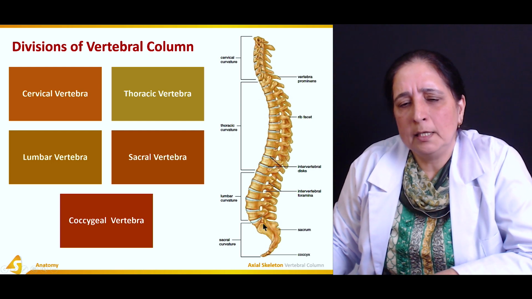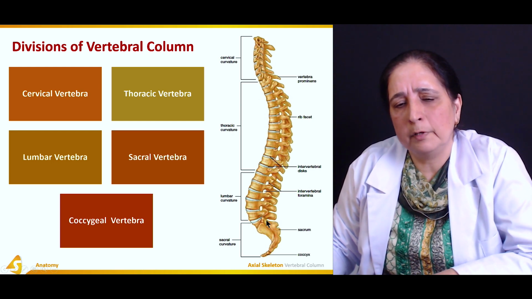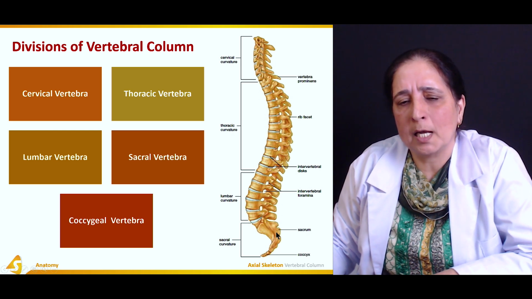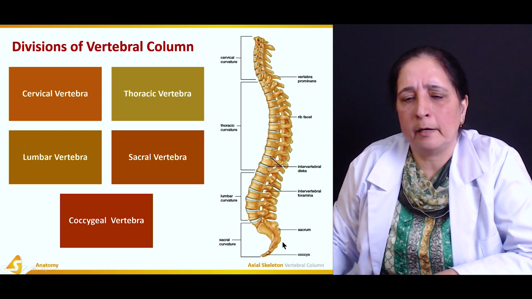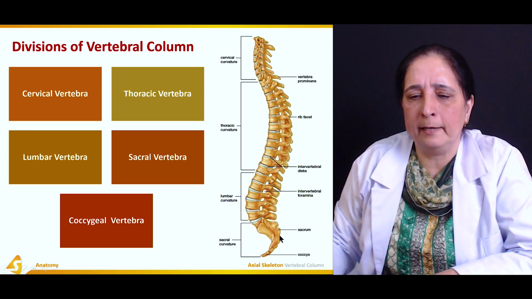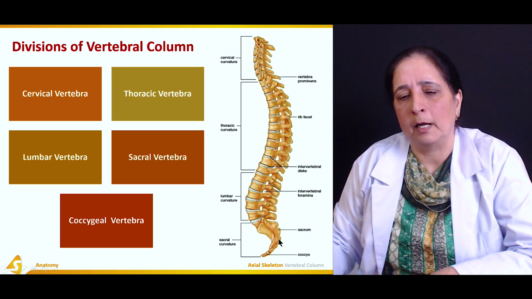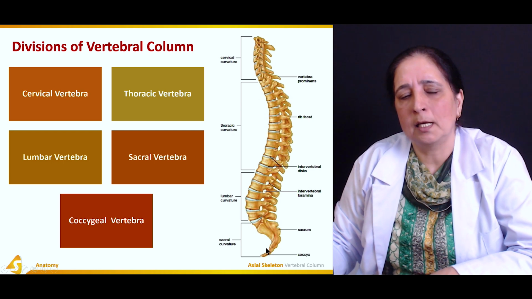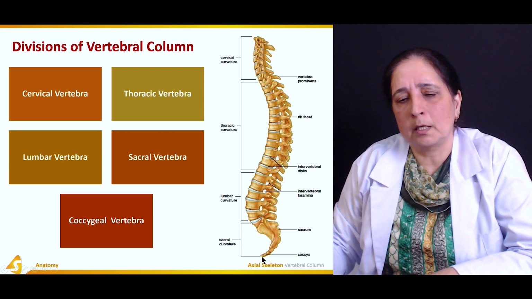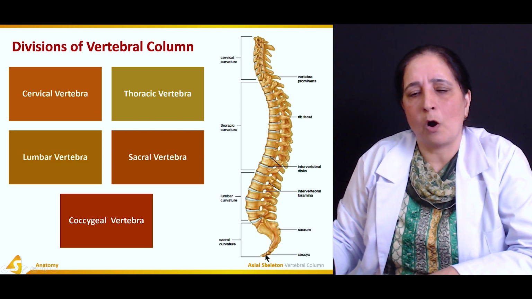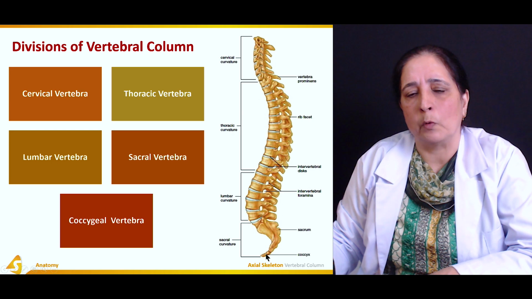These sacral vertebra fuse to make one big bone known as the sacrum. So the sacrum is formed by the fusion of 5 sacral vertebra, and this is the coccyx. 3 coccygeal vertebra combine to form the coccyx, known as the tailbone.